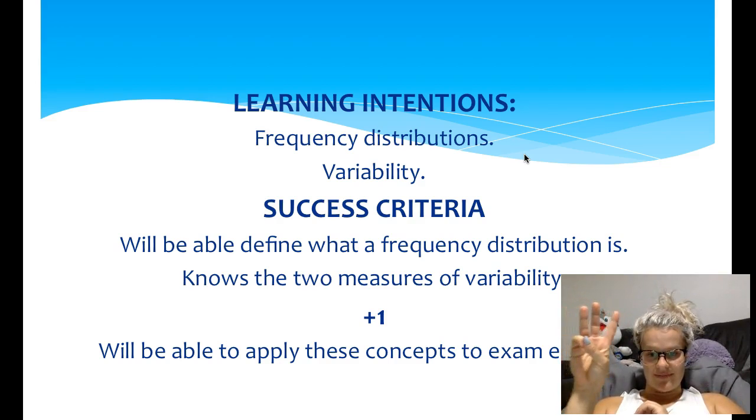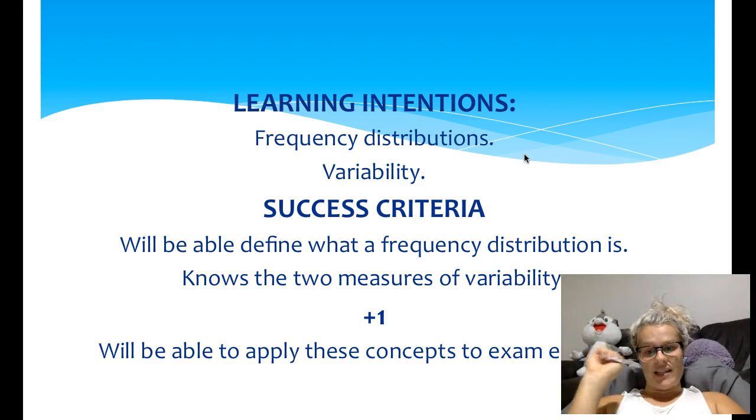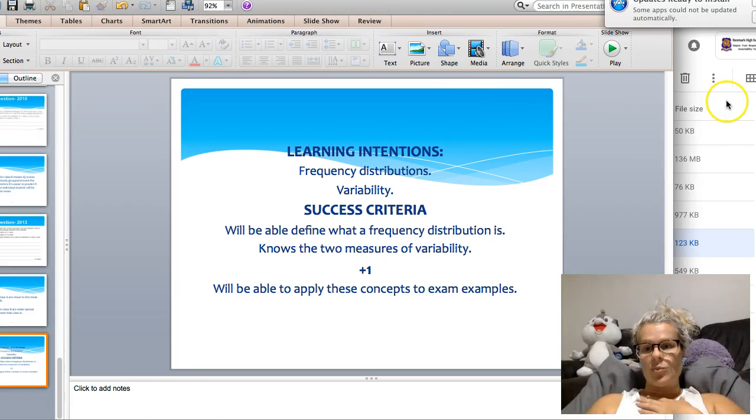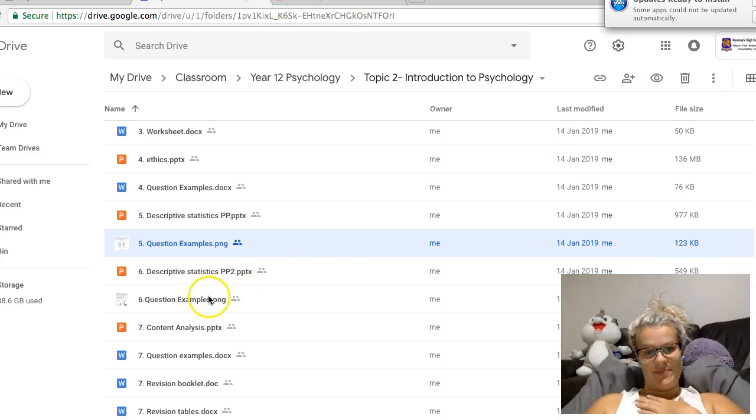Standard deviation is variability. Low standard deviation means low variability, which means scores are clustered around the mean. High standard deviation means high variability, which means scores are widely spread from the mean.